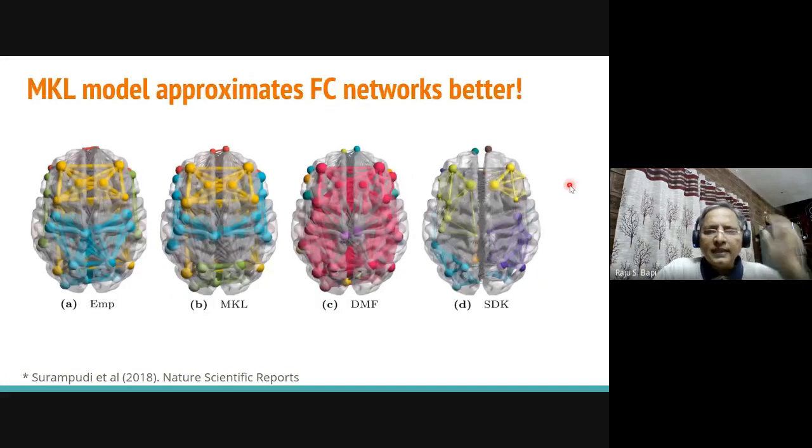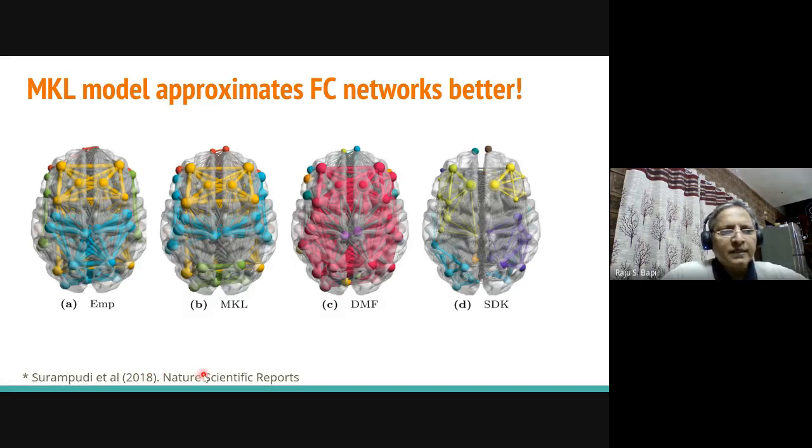Not only does it predict the functional connectivity matrix, but when we look at the networks in the resultant functional connectivity graph, we see that the predicted communities closely match what is empirically observed, as compared to very sparse connectivity in single diffusion, or very dense connectivity in the dynamic mean field model.